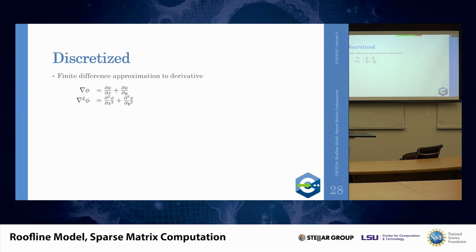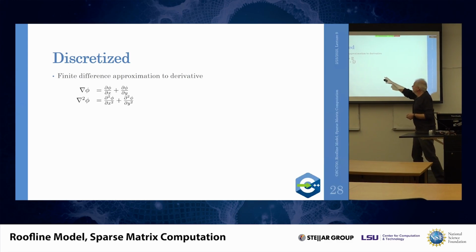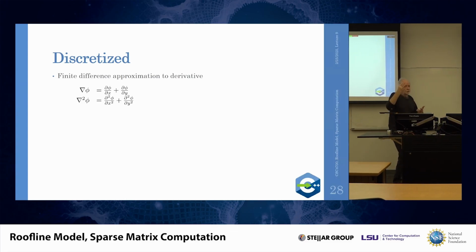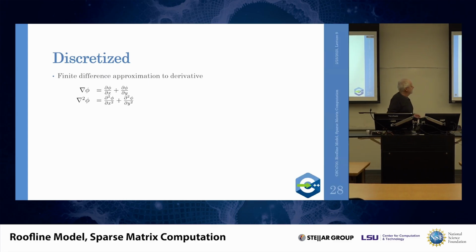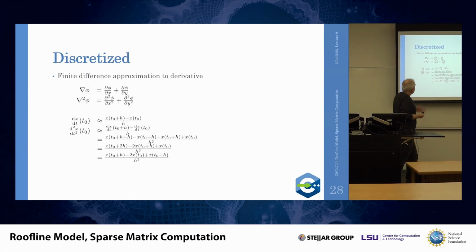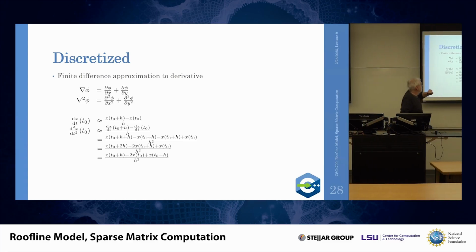Let's do some trivial math. The first derivative of phi is d phi over dx plus d phi over dy, because it's partial, right? You want to differentiate across the two coordinates. The second derivative is very similar. These formulas are for one dimension only, for simplicity.